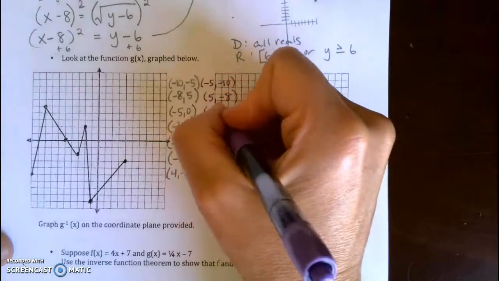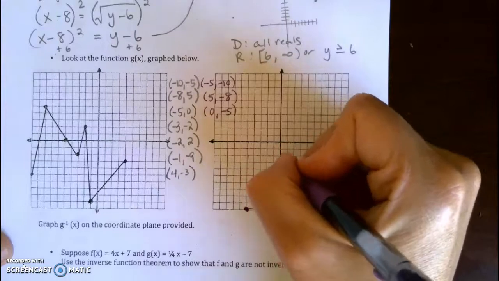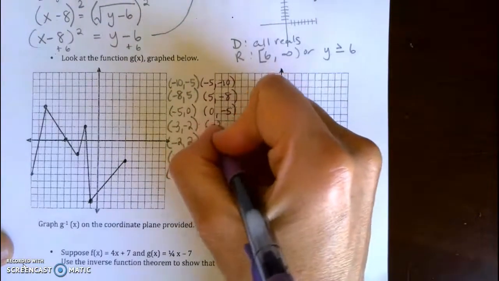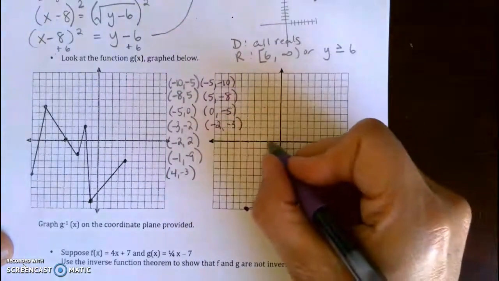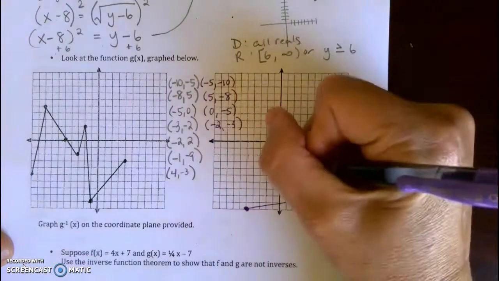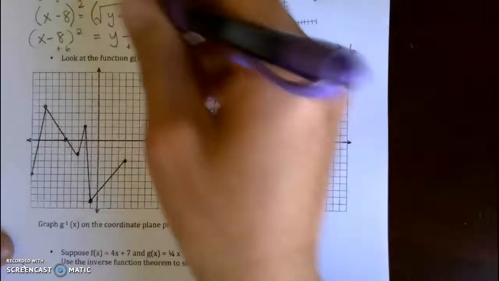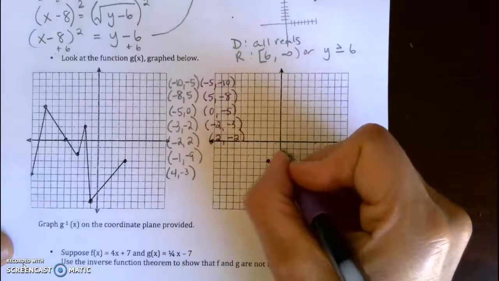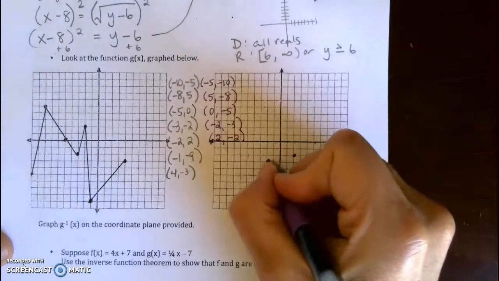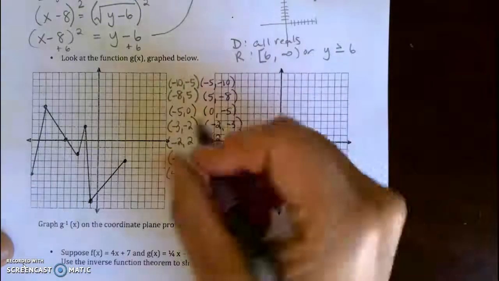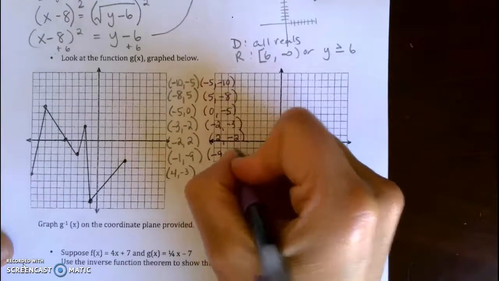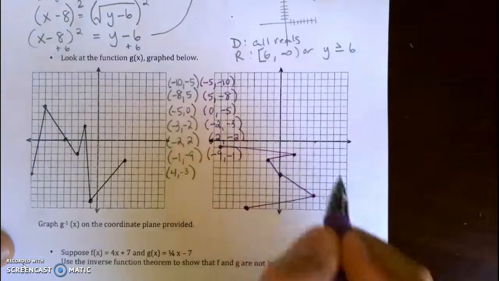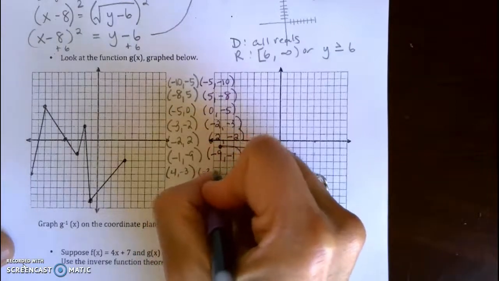And I have (0, -5), and (-2, -3), (2, -2), and then (-9, -1), and then (-3, 4).